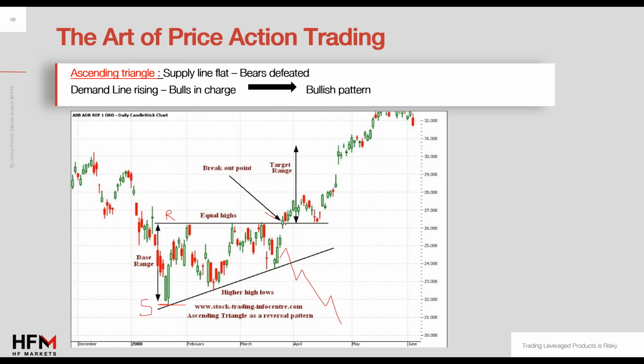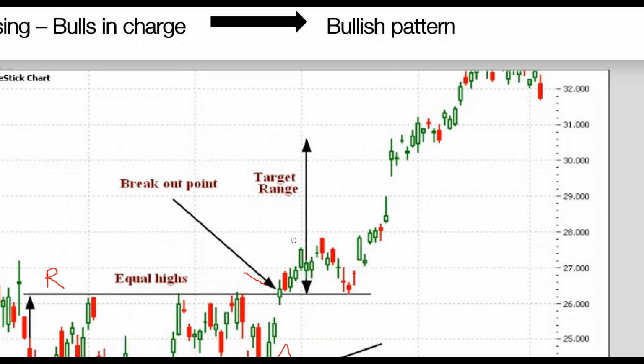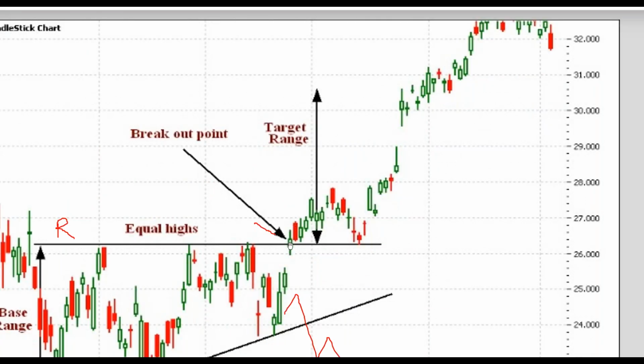So we have a breakout point over here. However, the body of the candle is not so strong, right? The body is at the middle of the candle. So it doesn't give us a lot of indication whether bulls are yet in control. That was the very first sign that we might see an uptrend developing, but it wasn't an entry point. It was a breakout point.